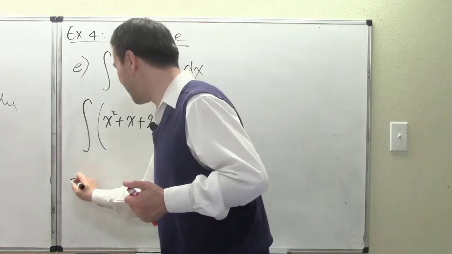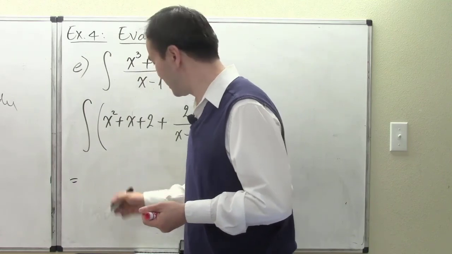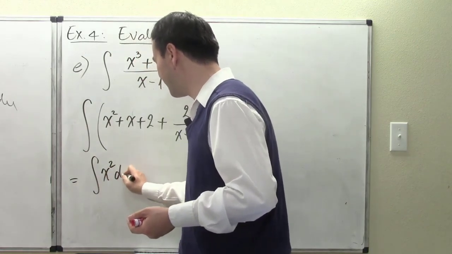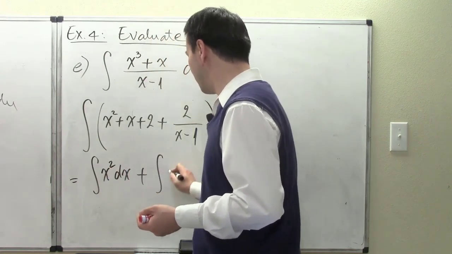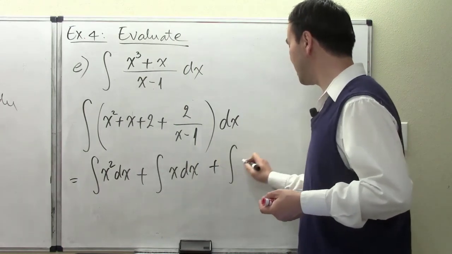So here I can now legally, according to the rules for taking indefinite integrals, do a separate one for x squared. I can do a separate one for the x term. I can do a separate one for the constant term 2.